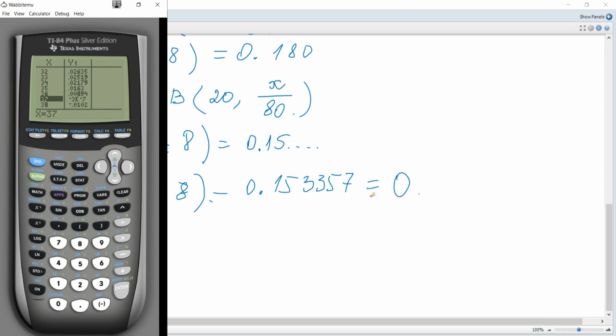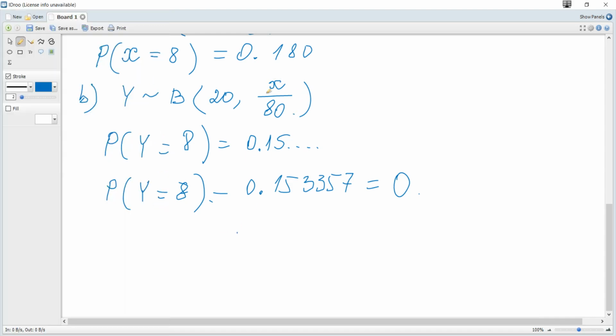We cannot get exactly 0 because the probability is rounded to some number of decimal places, so we choose the closest value to 0, and it's 37. So according to our notation, x is 37, and it's the required answer. And it's all for this question.